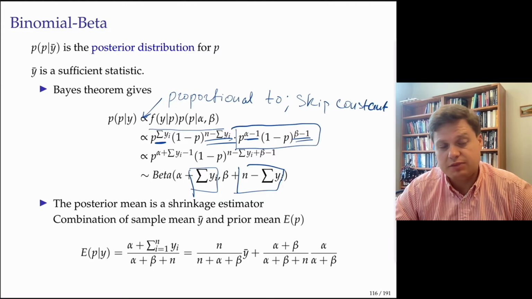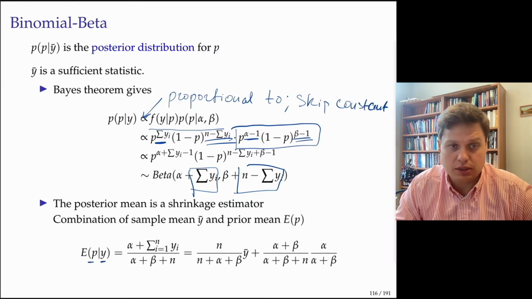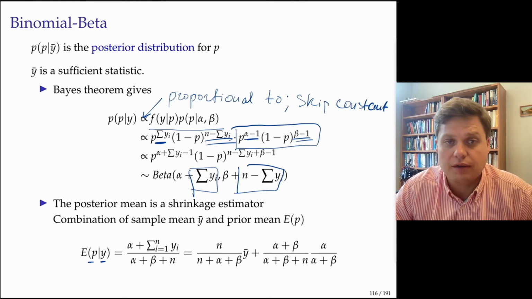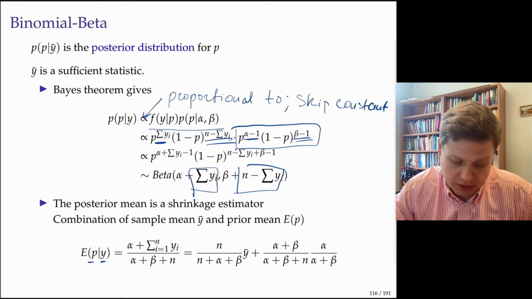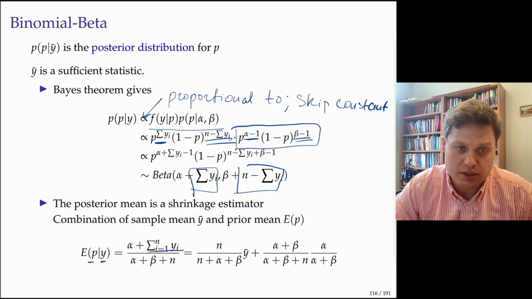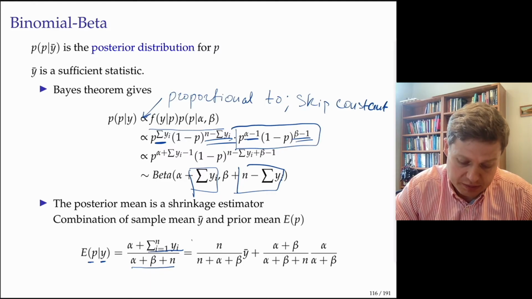If you calculate the expected value of p after the data was incorporated into your distribution, meaning the p from the posterior mean, it becomes alpha plus the sum across the y's divided by alpha plus beta plus n. And you can simplify or rewrite this expression.